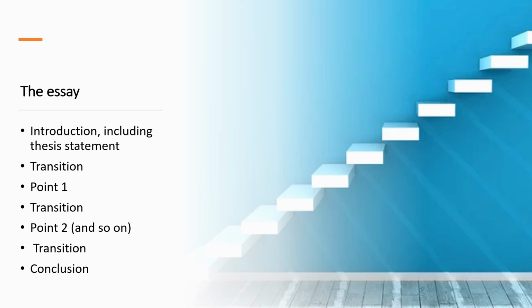And then you make your point, maybe another transition, you make another point. This is a fairly short paper, no more than 500 or 600 words, and so you don't need more than 2 or 3 main points, and then you get down to your conclusion, which is more or less, in some ways, a summary.